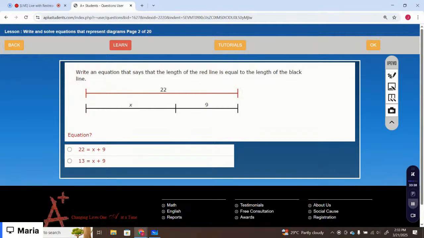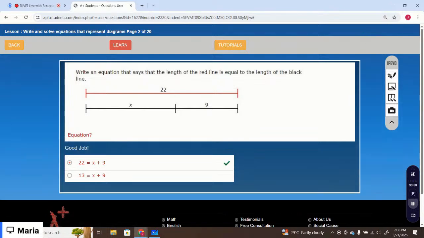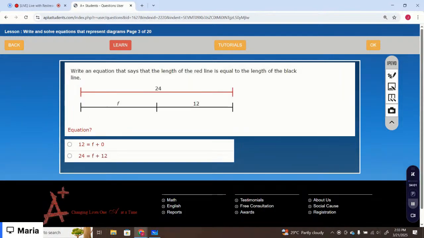Write an equation that says the length of the red line is equal to the length of the black line. That means x plus 9 equals 22. Option number 1 is the correct option.